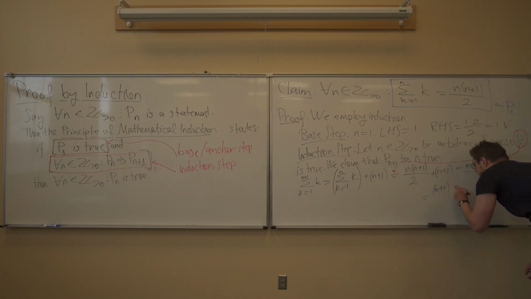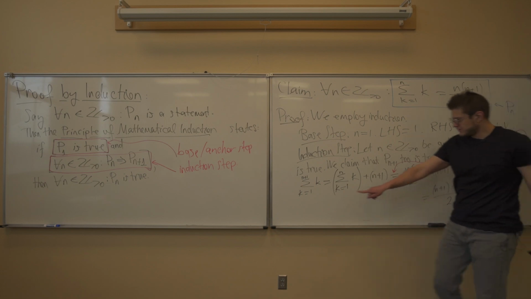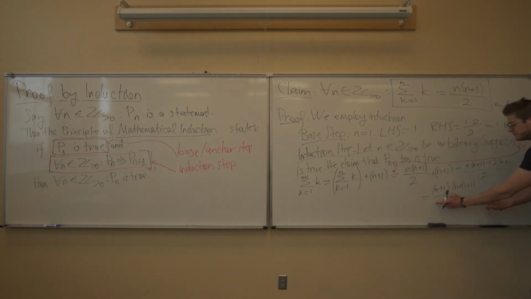Maybe I should write it like this, n plus 1 times n plus 2 divided by 2. And this expression being equal to this expression is exactly P sub n plus 1.